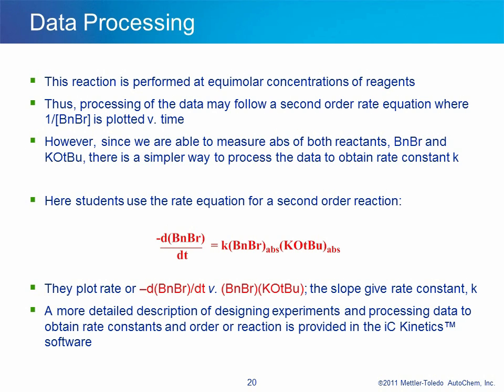To then plot the parameters of this equation, the rate or the change in concentration of the benzyl bromide versus time, versus the second part of the equation on the right side, the absorbance of benzyl bromide times the absorbance of potassium tertiary butoxide over the course of the reaction. The slope of this plot gives the rate constant k. More detailed description of designing experiments and processing data to obtain rate constants and order of reactions is provided in the IC Kinetic software.